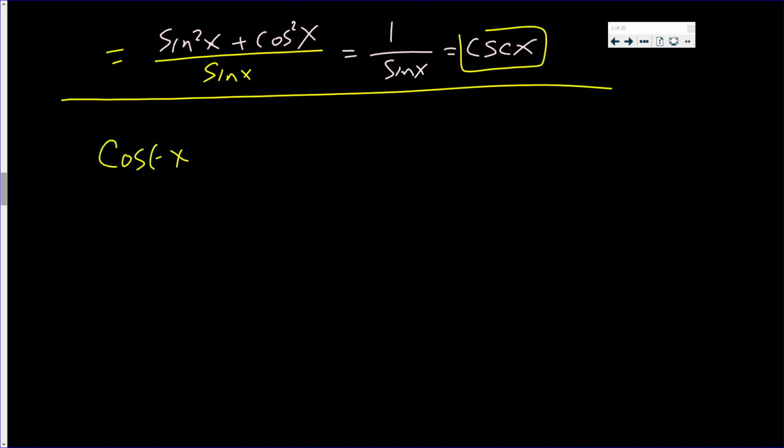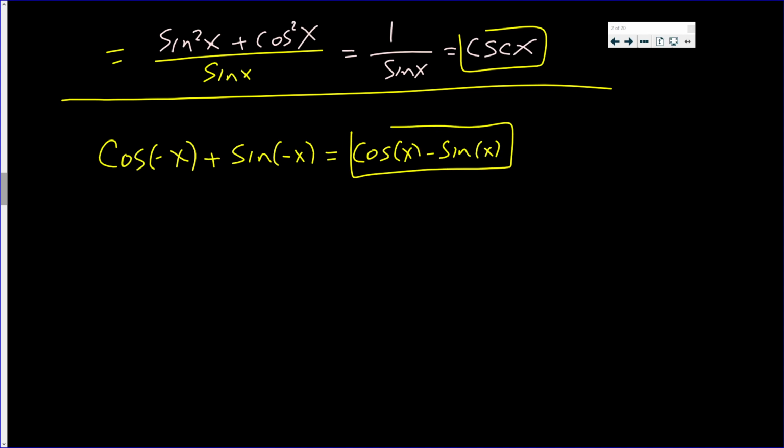The cosine of negative x plus the sine of negative x is equal to the cosine of x minus the sine of x. Well, the right-hand side is simpler because the left and the right look very similar, except the left has negative x as the angle.